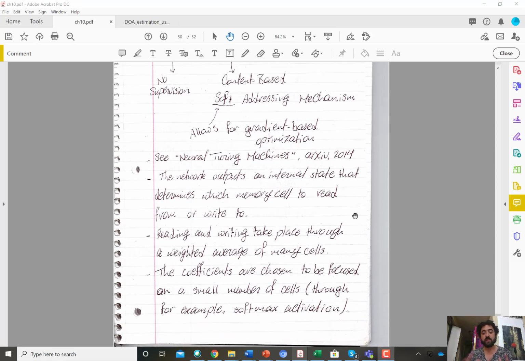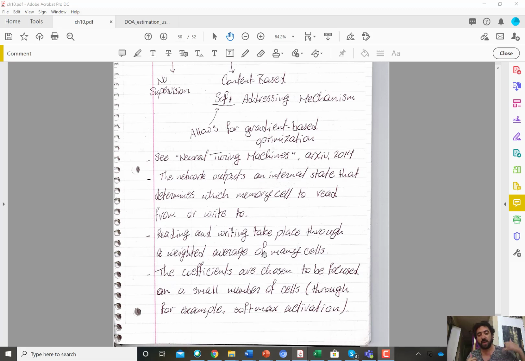Moreover, not only is the addressing mechanism soft, basically you read and write through a weighted average of many cells. So in traditional computing, you access one memory cell at a time. Right? You don't access 0.7 of a memory cell and 0.3 of another memory cell. That's what neural Turing machines are doing, right?